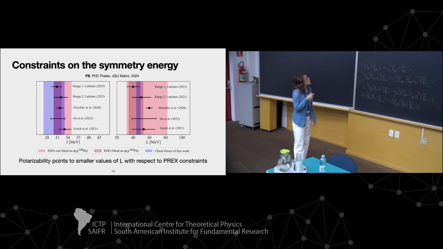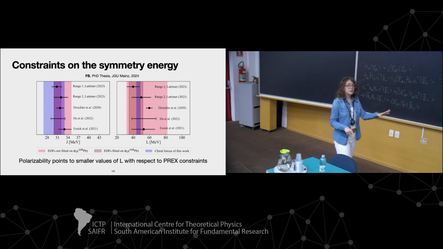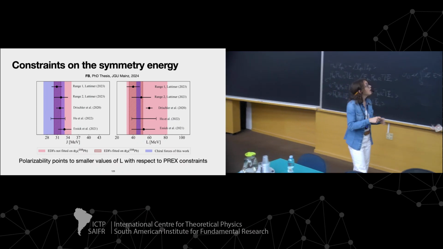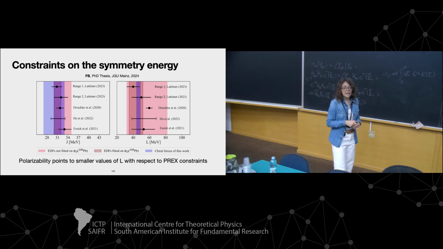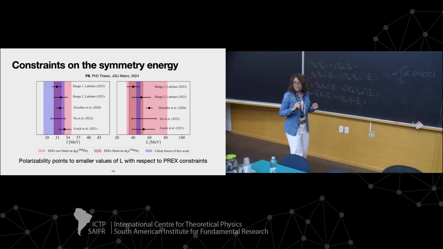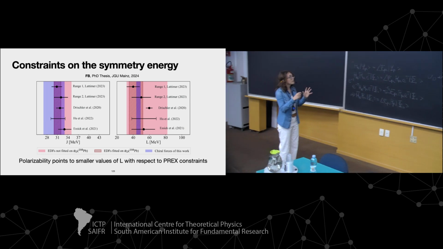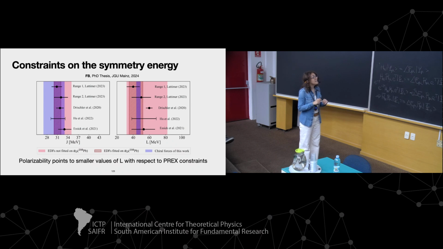What he did was to take all the data that we have for the neutron skin of lead-208 and the neutron skin of calcium-48, make sort of an average, and look at what this would mean at the level of J and L. This is range 1. Instead, if we consider only parity-violating elastic electron scattering experiments, one would obtain range 2, so slightly higher.